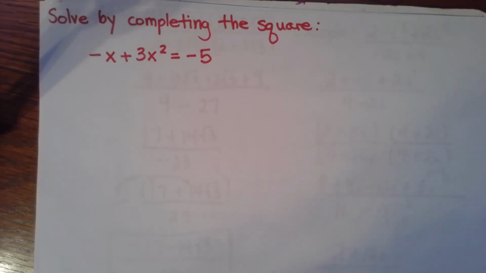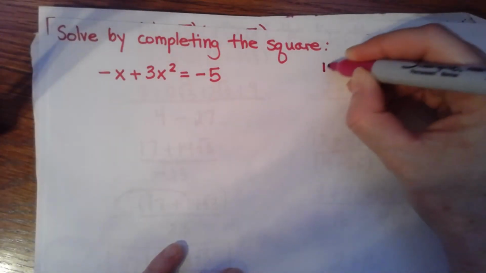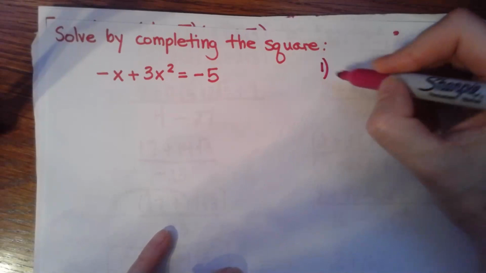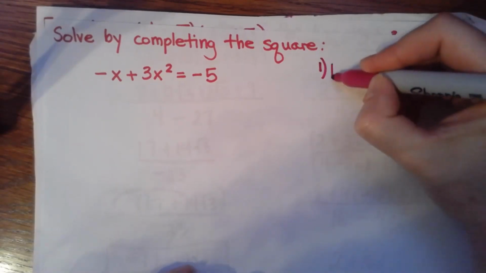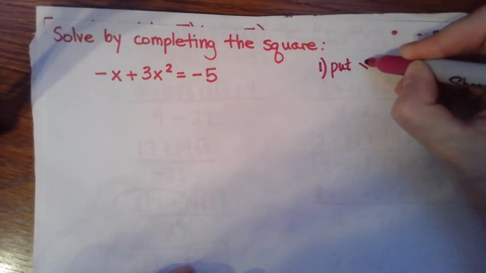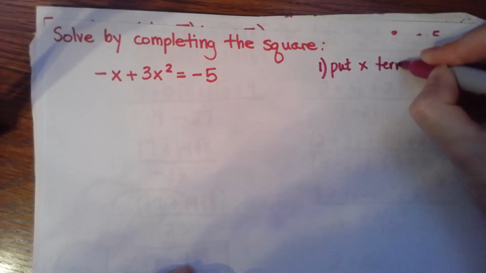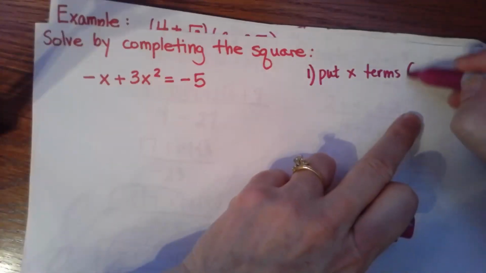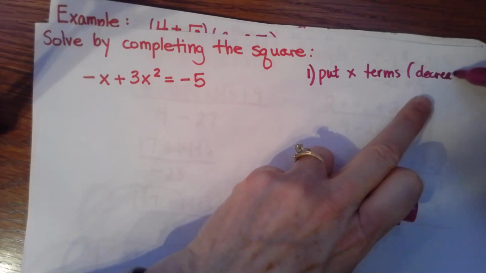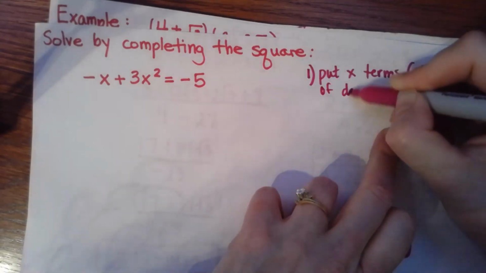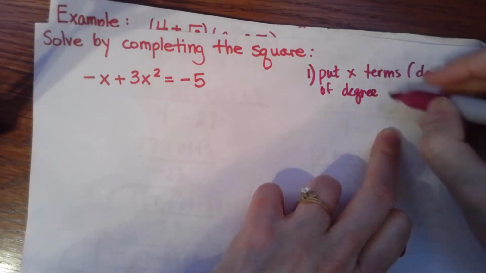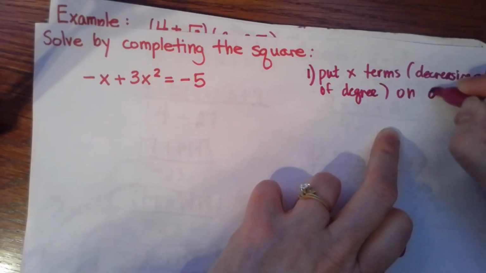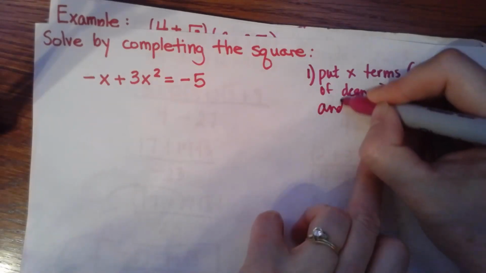Okay, so the first thing that you want to do, okay, is put x terms, and probably in decreasing order of degree, on one side and the constant on the other.